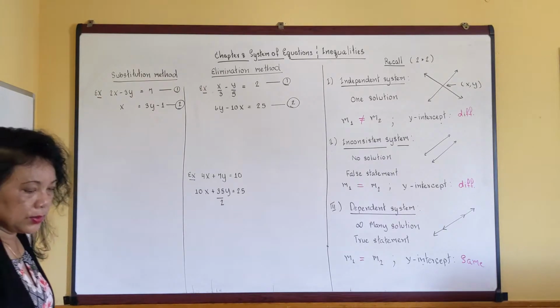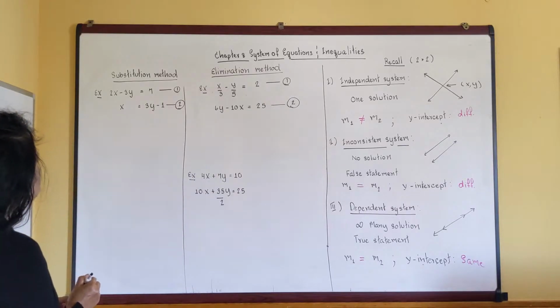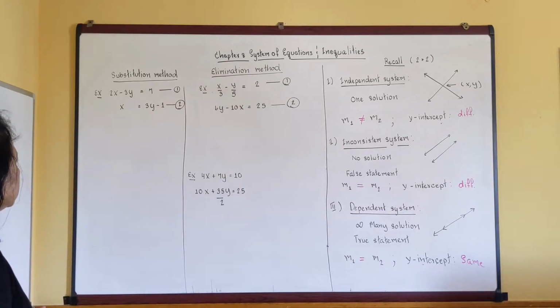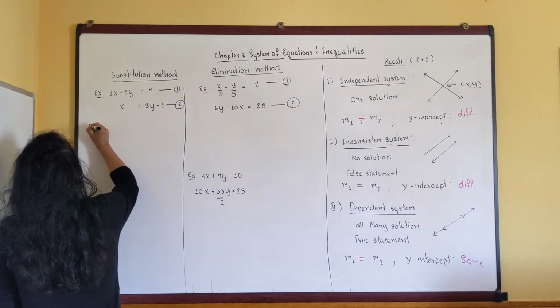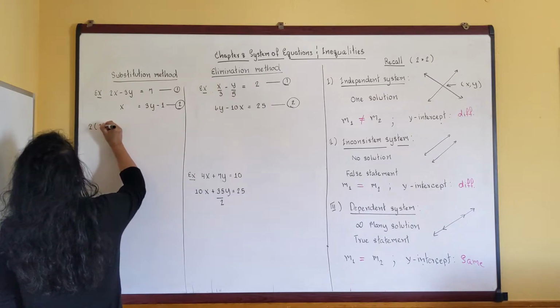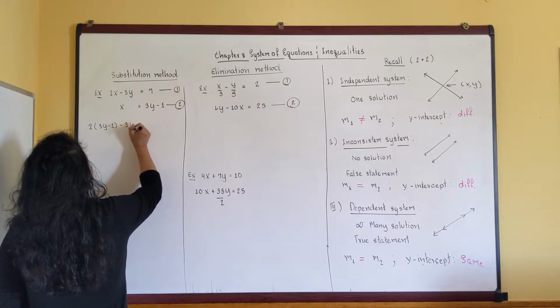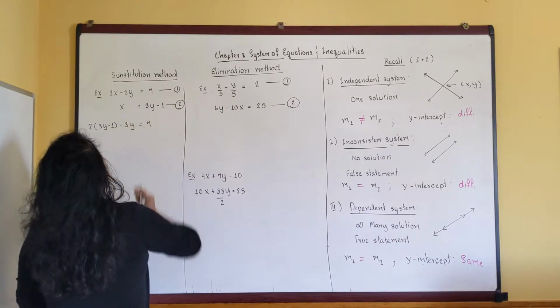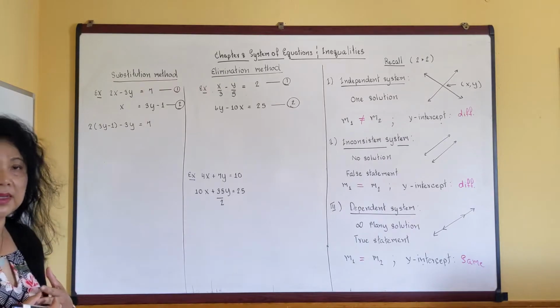So let's do the substitution method here. I'm going to substitute x equal to 3y minus 1 into the first equation. So I'm going to have 2, instead of x, I'm going to put 3y minus 1, minus 3y equal to 7. By doing substitution, your x variable disappears. You only have y.